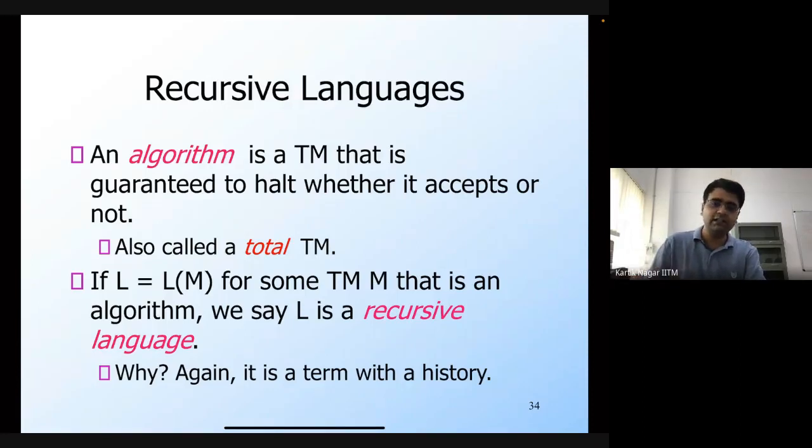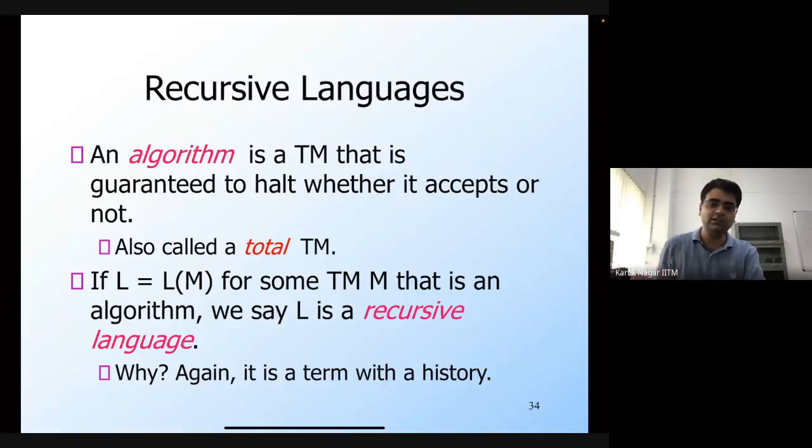So from a practical point of view, Turing machines which loop forever are not very useful. This was a question that was asked by one of you earlier in the lecture itself, that it's not really beneficial to loop forever. So let's say that you want to use the Turing machine to perform some task, or to know whether or not some string belongs to the language.